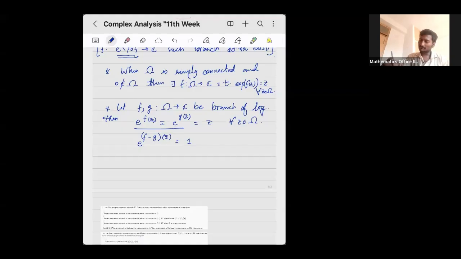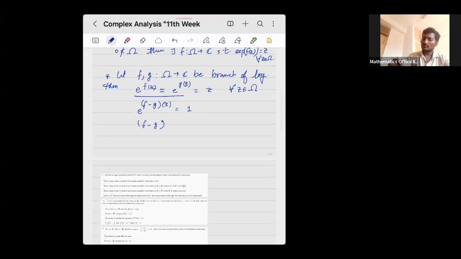And this implies, so when it is a constant, what happens? f minus g of z, this function is constant. So it is a constant of what format?